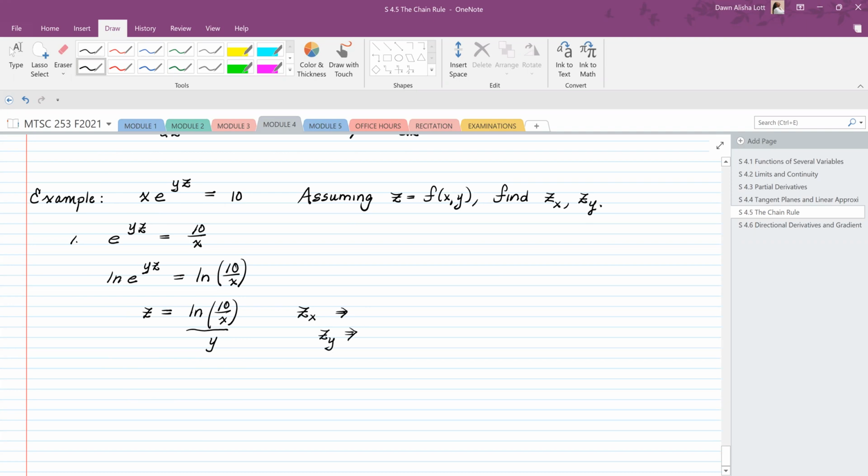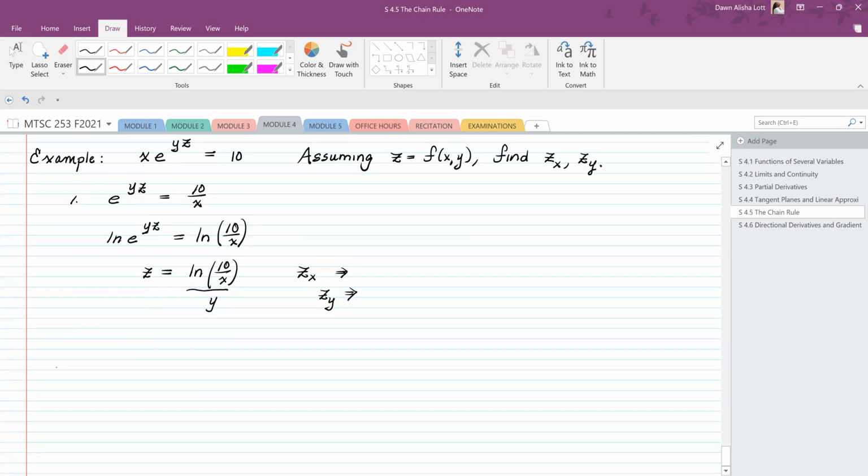Or the second way I could have done it is looked at the problem and said, what is the partial of f with respect to x? So now I'm going to rewrite f of x, y, z as x e to the yz minus 10.